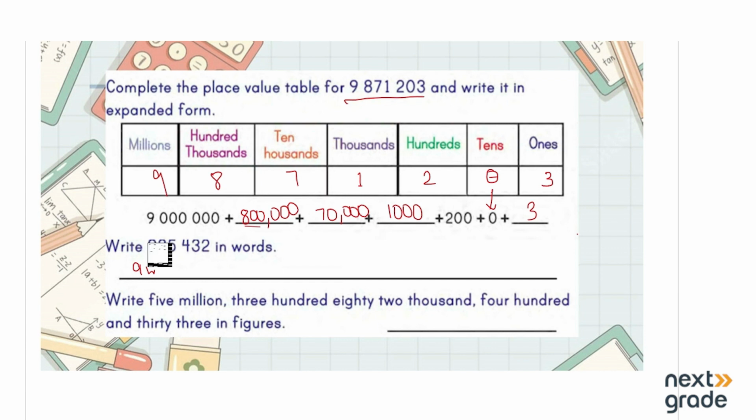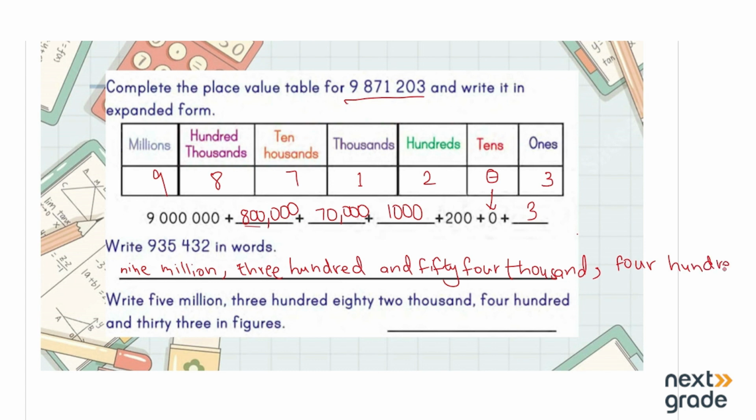Sorry, I have written in the form of figure. हम इसको erase करके words में लिखेंगे. ठीक है, so 9 million, comma, then we'll write 371,000, sorry, 371,000. ठीक है, and then we'll write the next part, और वो क्या होगा कि 231. So this is how you will write this number in the form of words.